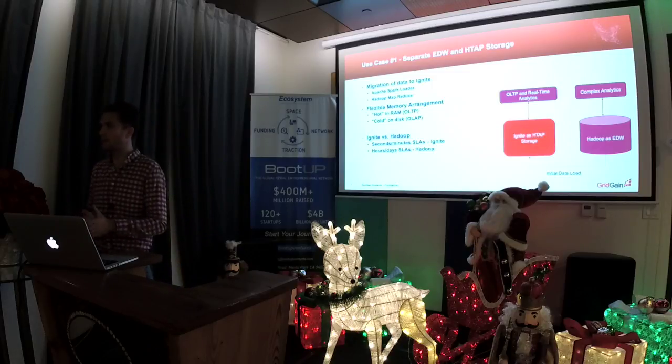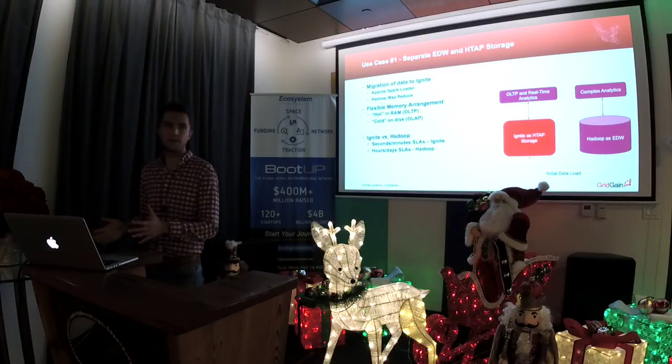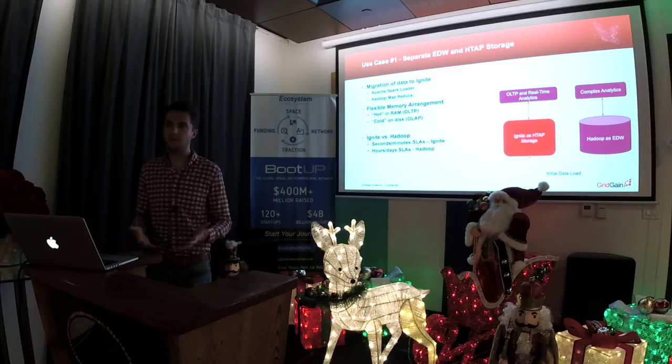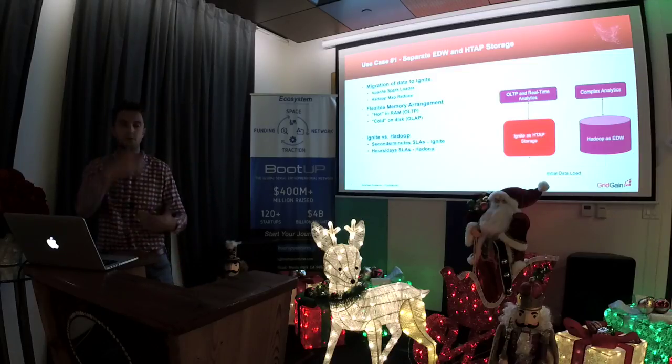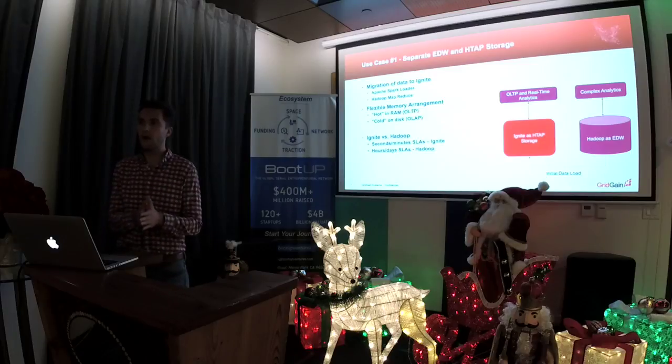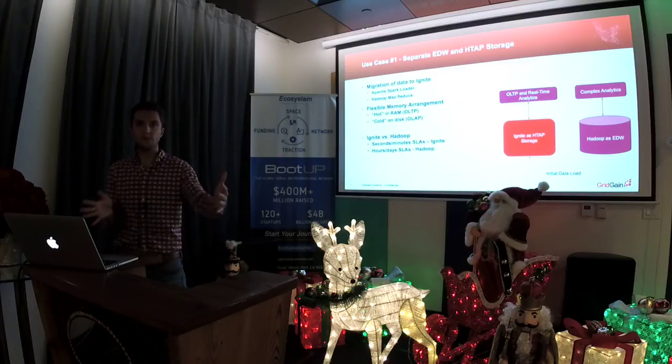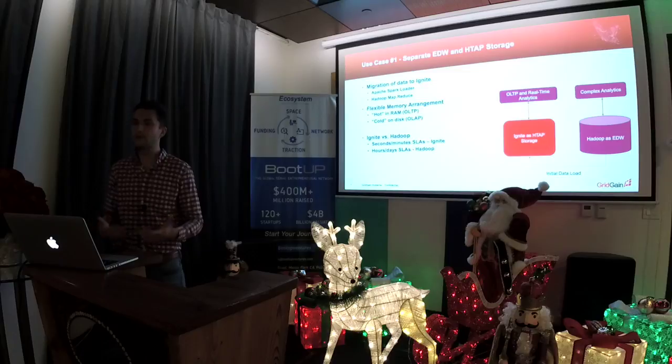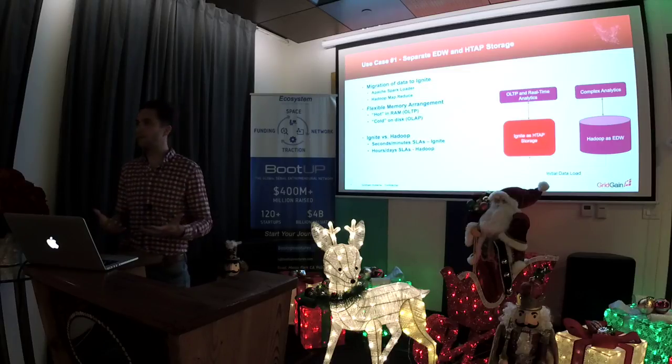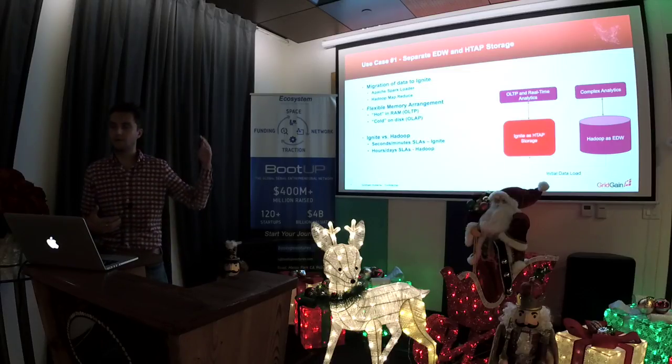In the Hadoop world, we know that only the disk layer is available to us, which is reasonable. In Ignite, you can use RAM and disk, and you decide how you would like to distribute your disk and memory space. For instance, the standard pattern which we are observing is the following.